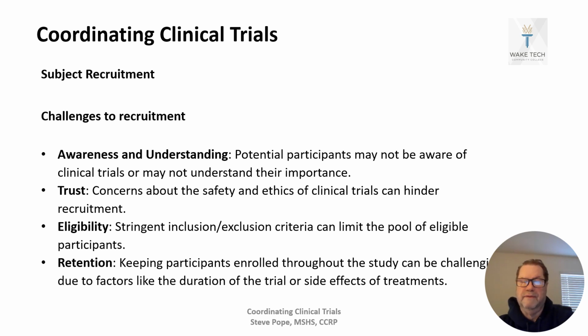Sometimes trials have very narrow, very tight inclusion-exclusion criteria, and it's going to be difficult for a lot of your patients to meet that. And so that can be a challenge, and you need to be aware of that as you start to assess whether or not you want to participate in the trial at your site.